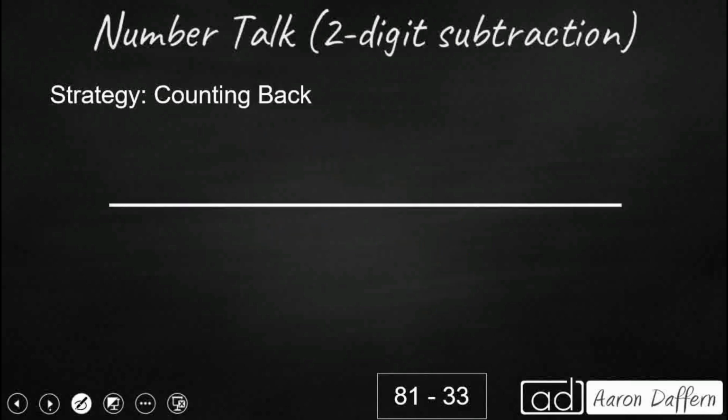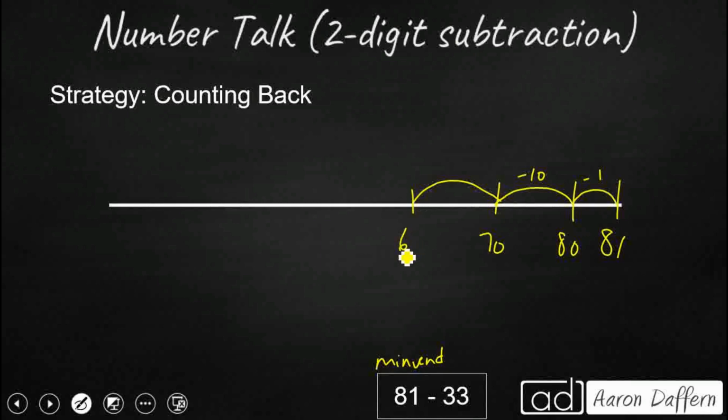Now, just like we added up, we can also count back. So we are going to start with our minuend, 81, and we're just going to take some jumps. We want to get back to our subtrahend. So let's jump back here. Now instead of taking one big jump, let's just jump by 10s. So that's 70, and that's 60. Just keep track of our 10s here.